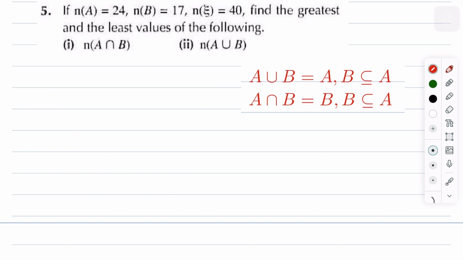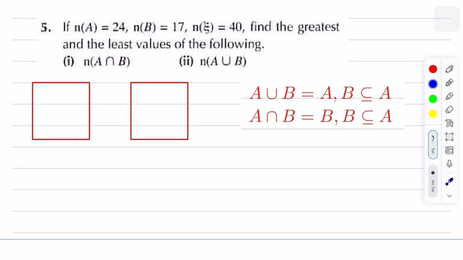Now if you look at this question, they are saying find the least and the maximum possible value of A intersection B. If you draw the Venn diagram, you have two possibilities.